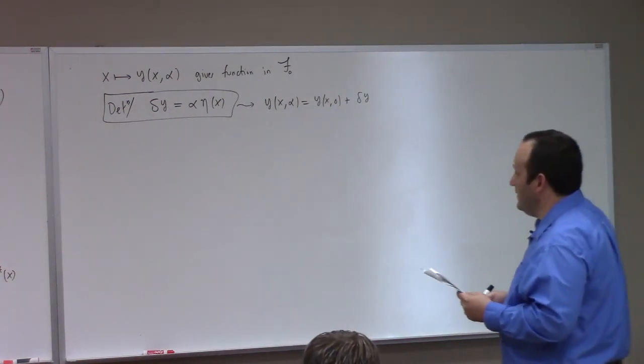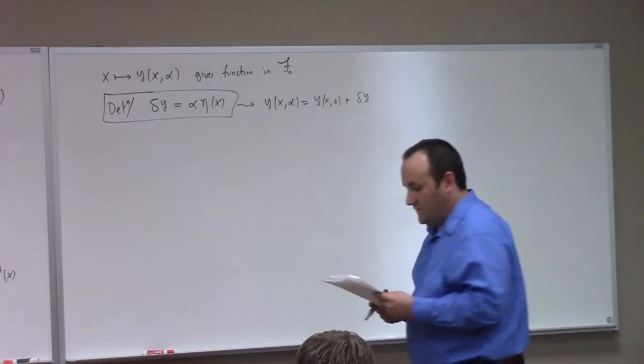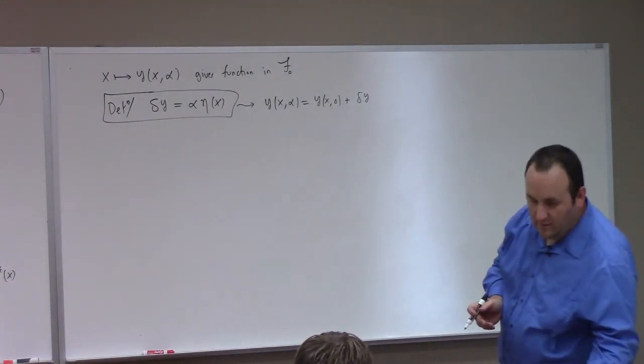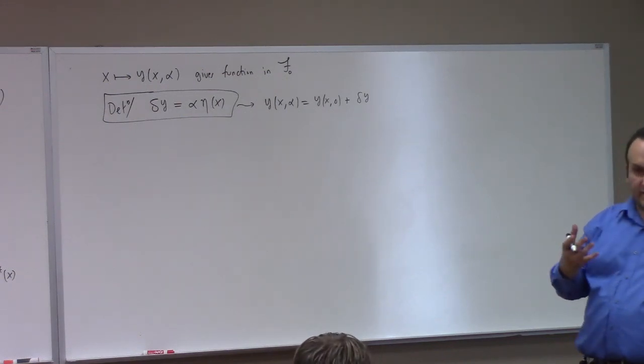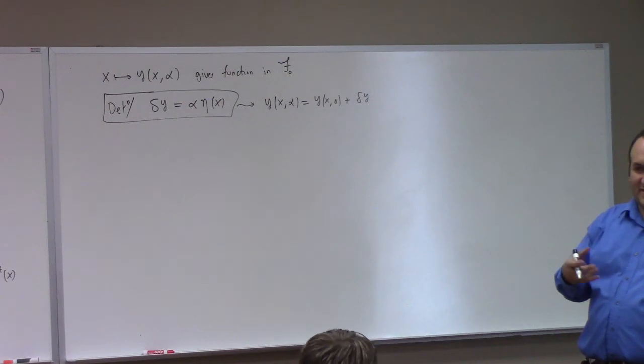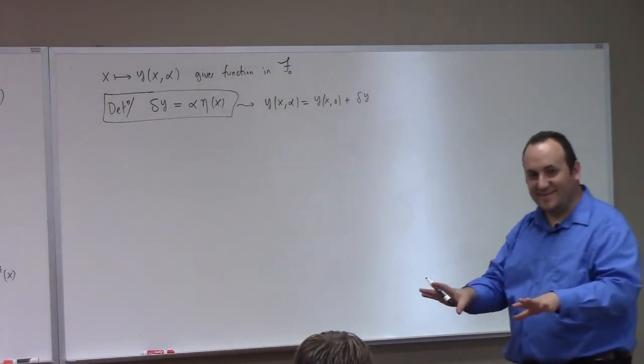The logic here is very much akin to that we use in the Lagrange multiplier method. What does the Lagrange multiplier method start with? The assumption that there's an answer out there to find.